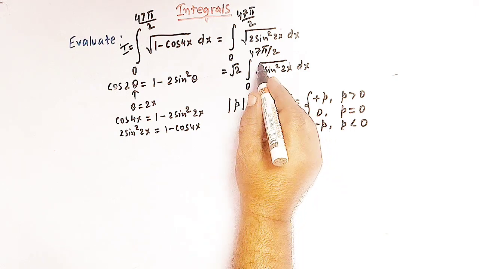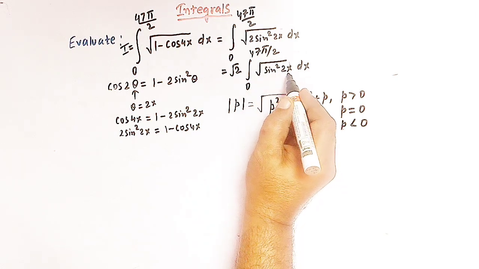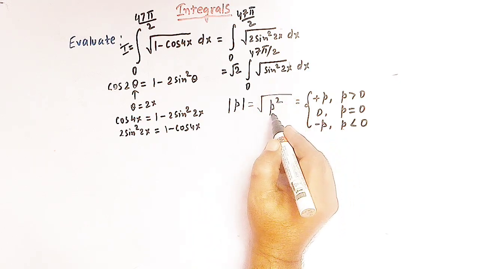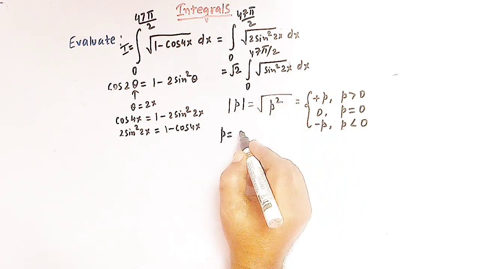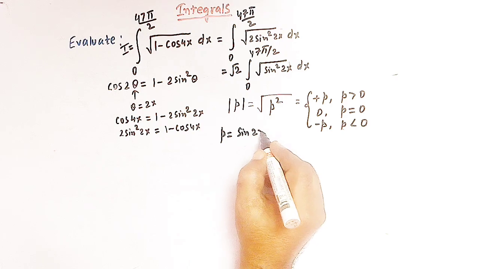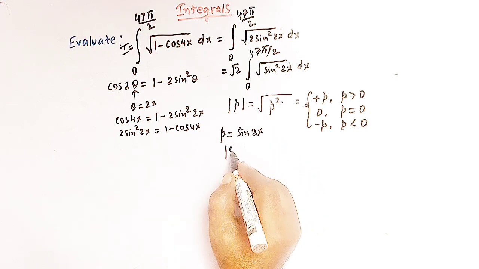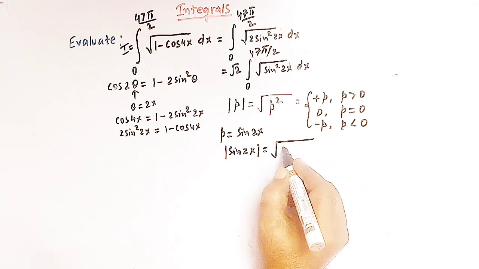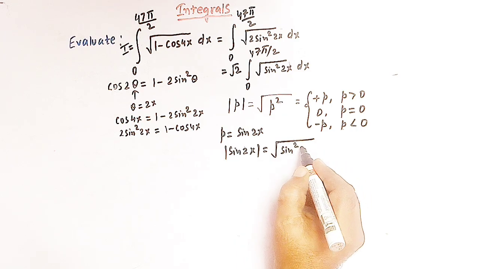So here we have square root of sine square 2x. So let us replace this p by sine 2x. So mod of sine 2x is equal to square root of sine square 2x.